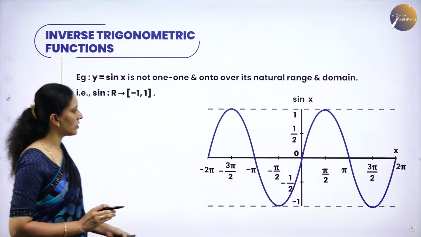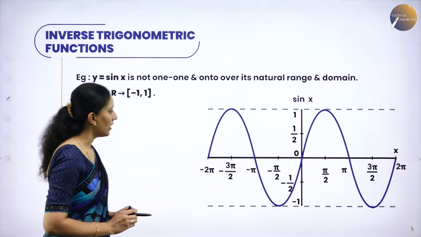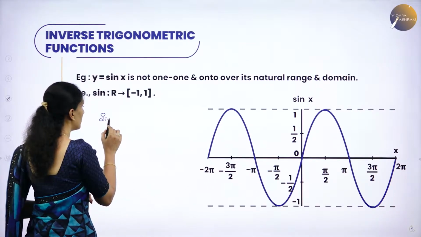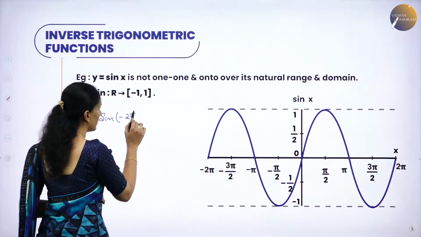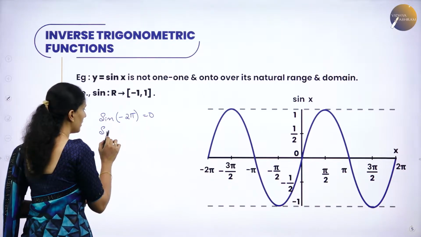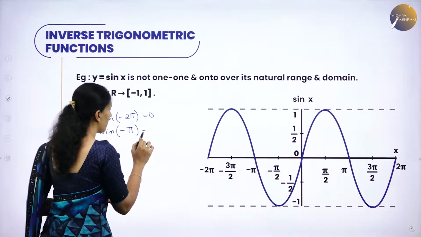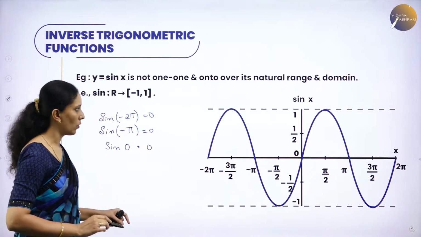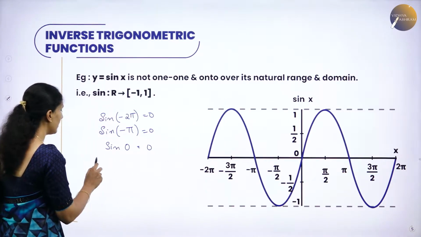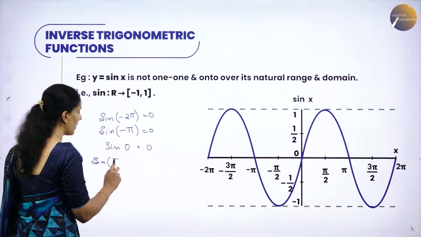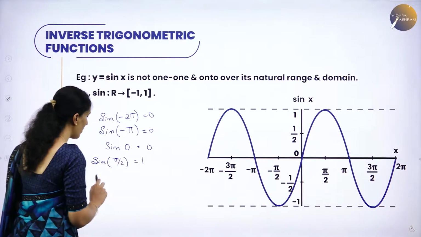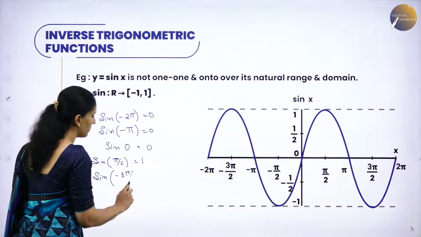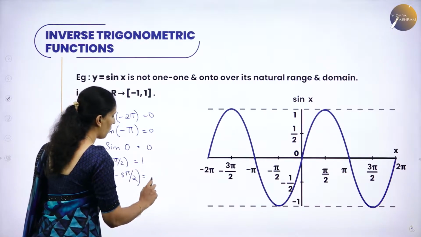But for a sine function, see here, you have a graph. Sine of minus 2 pi is 0, sine of minus pi is 0, sine of 0 is 0. Similarly, it goes on, and you can see here sine of pi by 2 is 1, sine of minus 3 pi by 2 is 1.